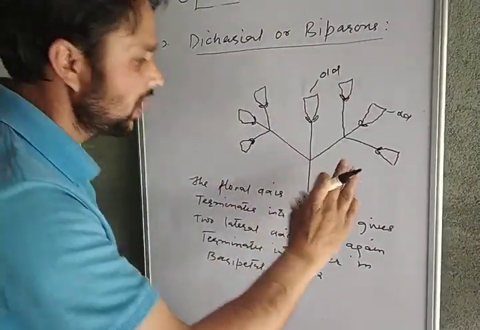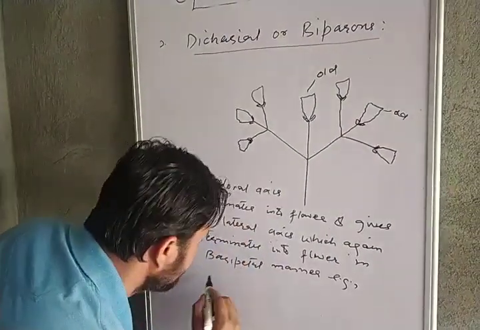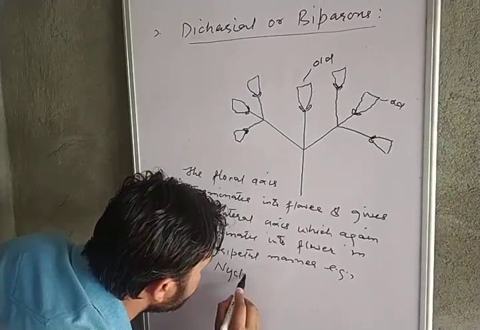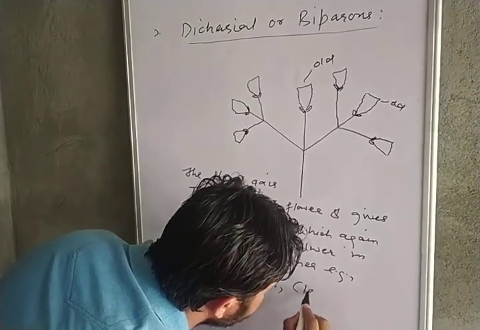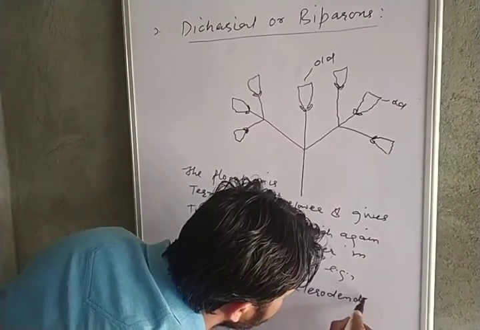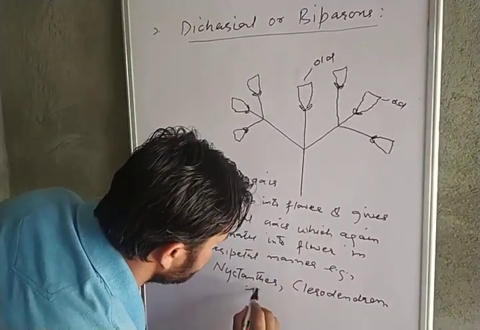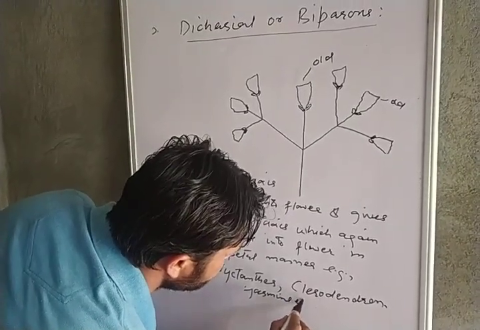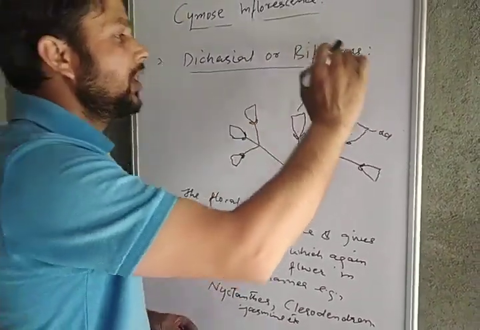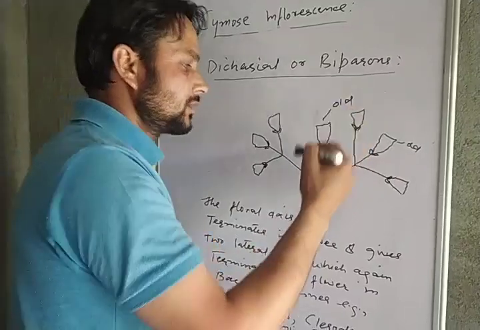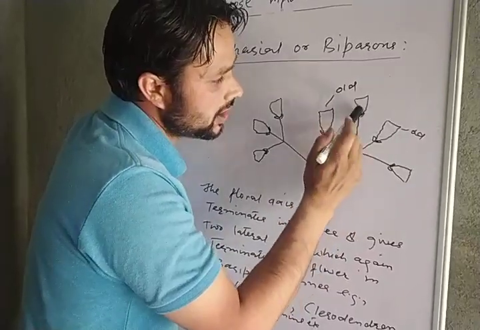Okay, if we take examples of this, we can say Nyctanthes, Clerodendron, Jasmine, etc. Okay, this was the dichasial or biparous type of inflorescence, in which I have explained how the flower gets terminated and these lateral branches arise, which again terminate into flowers and again give rise to lateral branches.